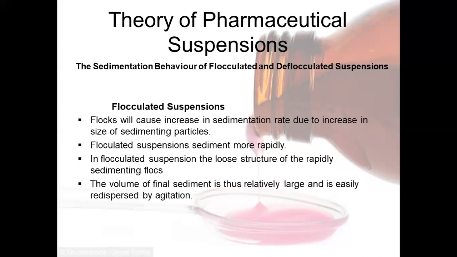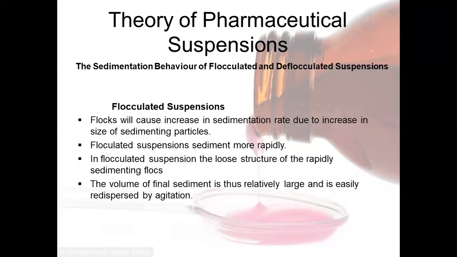In deflocculated suspensions, solids are present as individual particles. They also exhibit aggregation, but at a slower rate than flocculated particles. These systems have a shorter shelf life but greater bioavailability when compared to flocculated systems.